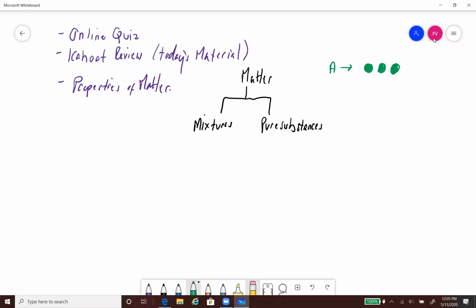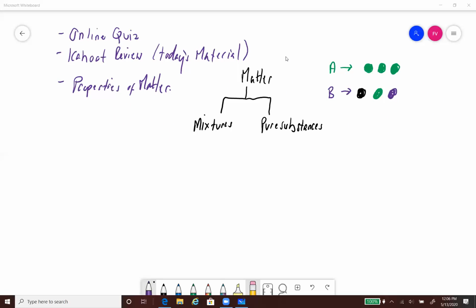Whereas a mixture, imagine we looked at substance B and we see different particles: maybe some black dots, some green dots, some purple dots. So a mixture is made up of two or more types of particles. That's the big difference between the two.